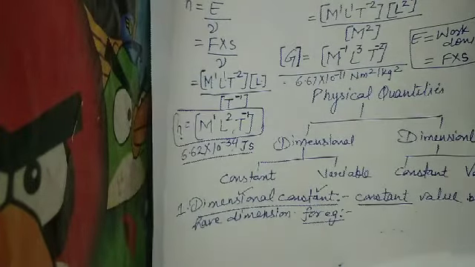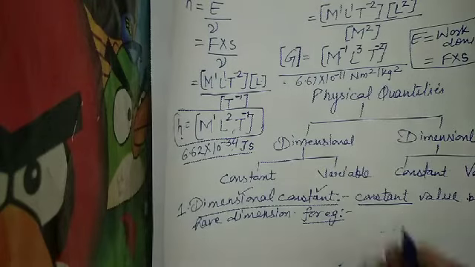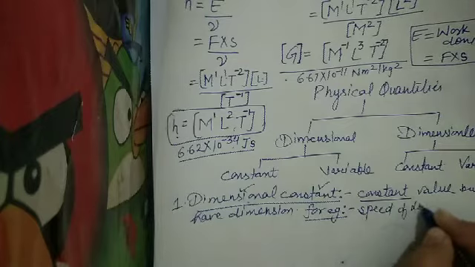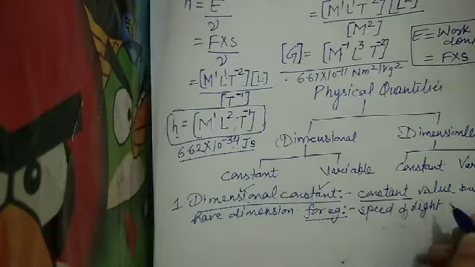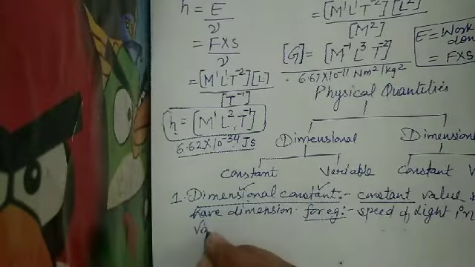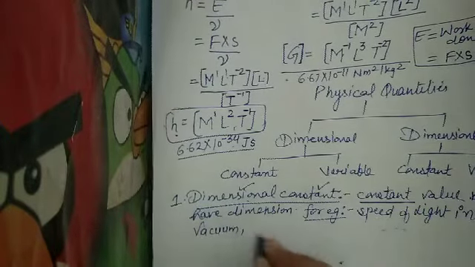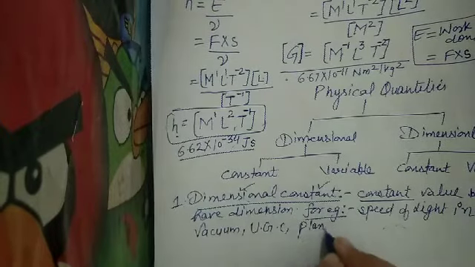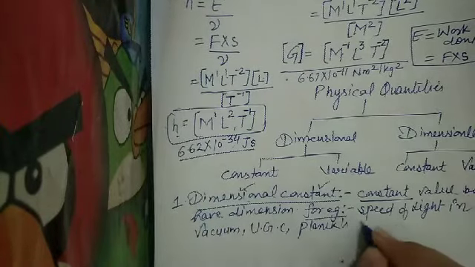So I have to provide you certain examples. Number 1, speed of light in vacuum, which all of you are very well aware of. Second, the universal gravitational constant. Third, Planck's constant.